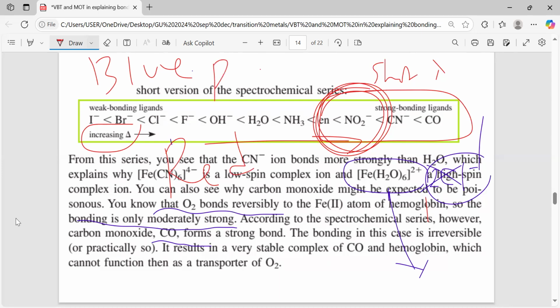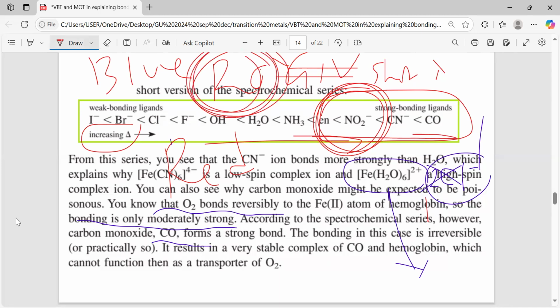So remember, it is the Roy-G-Biv thing again. If I absorb blue on this end, what remains is red, and therefore my complex will be reddish. So in other words, if you get reddish complexes, there's a high possibility that these reddish complexes contain ligands that cause higher splits or large splits, and these large splits cause us to absorb high energy radiation.